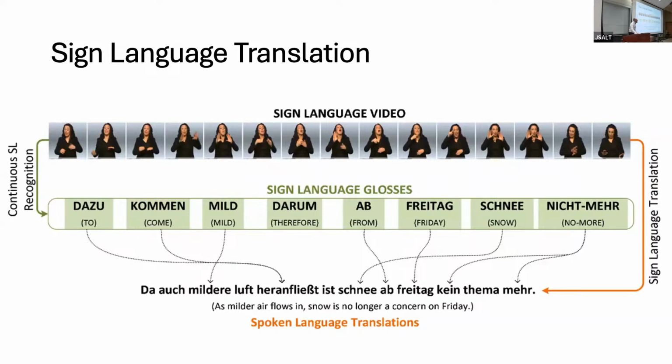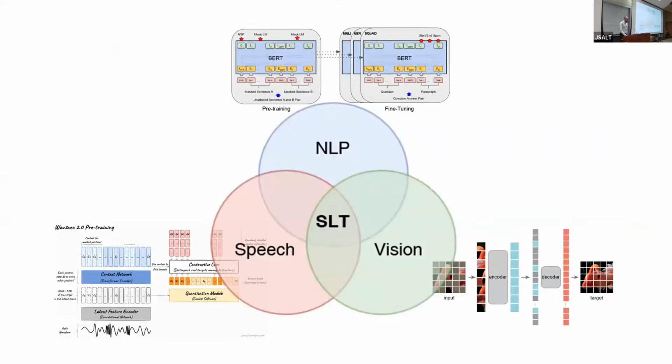So around hundreds of classes, and the winner had something like a 98% recognition rate on the test set. So it's quite well understood, and now we are moving to continuous recognition, and with transformers we can do even end-to-end translation. This is what we are trying to do in this workshop.